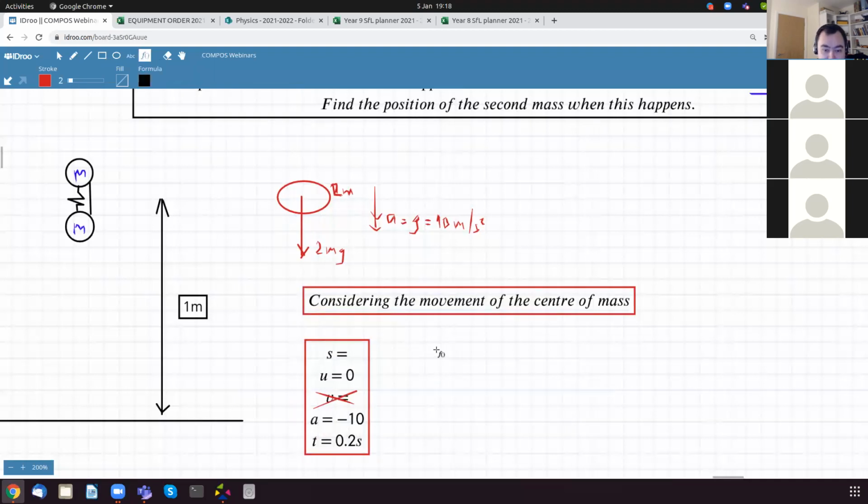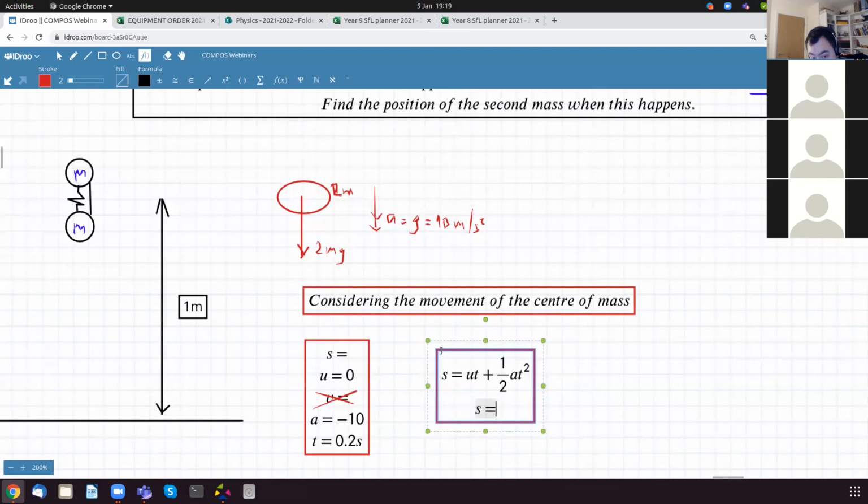All right, so we are not interested in v, so we take the formula without v. So that's s equals ut plus 1/2 at squared. Actually, you know what? I'm going to use a different formula.